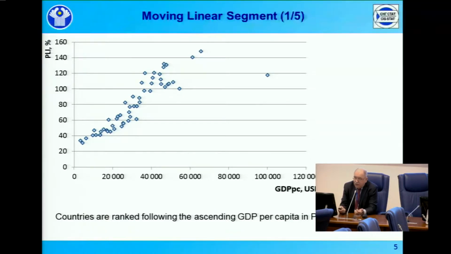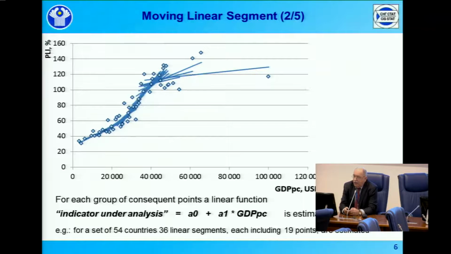Yes, this is the initial scatter plot. The idea of the moving linear segment procedure is to calculate linear regressions for points in sequence.